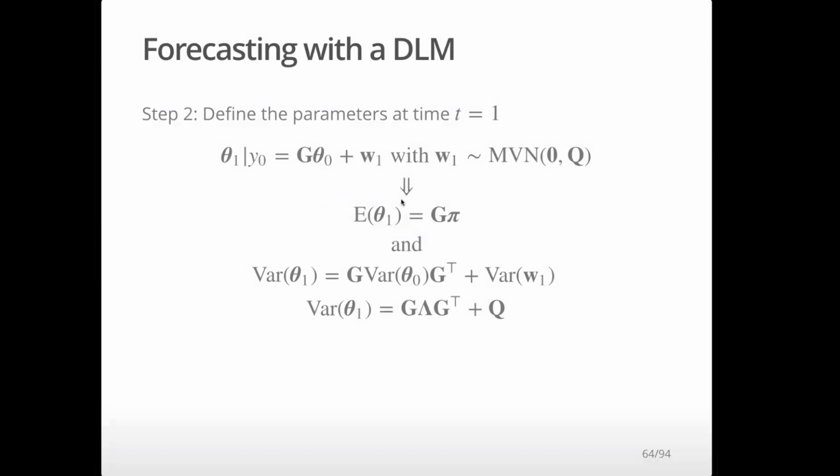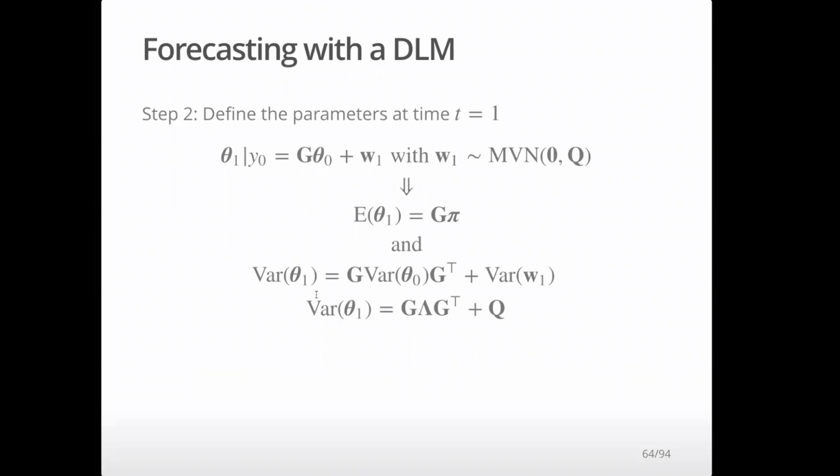Now we need to define the variance. This is what I was alluding to at the beginning of lecture. So here we've got G times theta 0 plus W1. So the variance of this term is going to be G times the variance of theta times G transpose, because you can't square a matrix. So this is the way we essentially deal with that, is G times G transpose. And then we're going to add the variance of W1. Well, again, previously we defined this to be gamma.